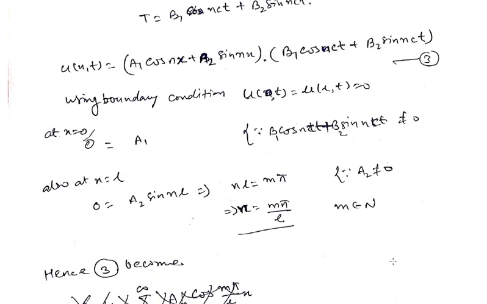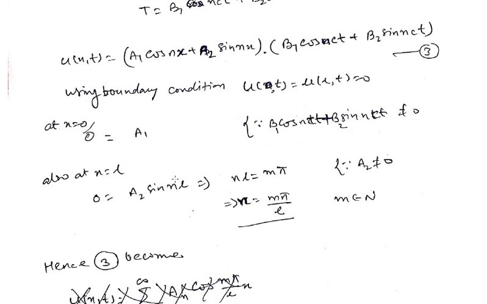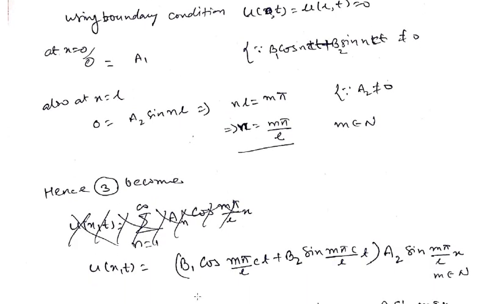So we will put these values of a1 and n in equation number 3. Equation 3 becomes u(x,t) = (b1 cos(mπct/l) + b2 sin(mπct/l)) · a2 sin(mπx/l). a1 is already 0.